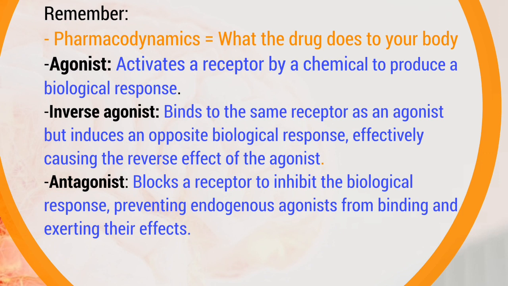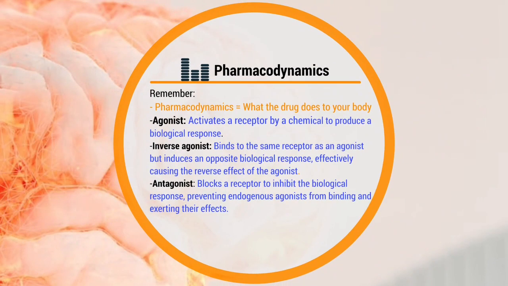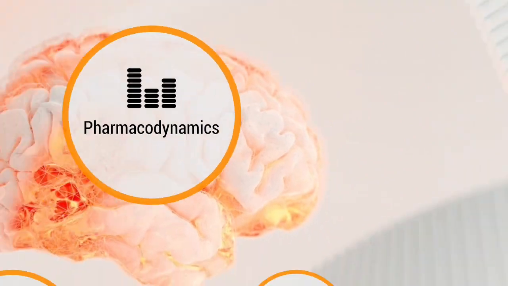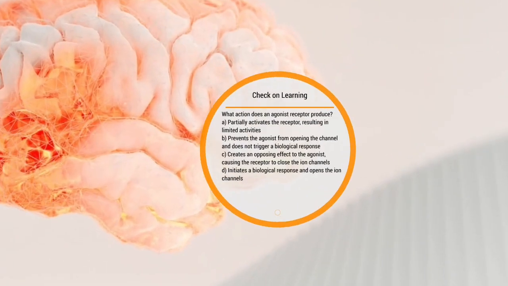And antagonism does nothing. It just inhibits the biological response, preventing our own endogenous agonists from binding and exerting their effects. Okay, important concept. Please know this concept by heart.